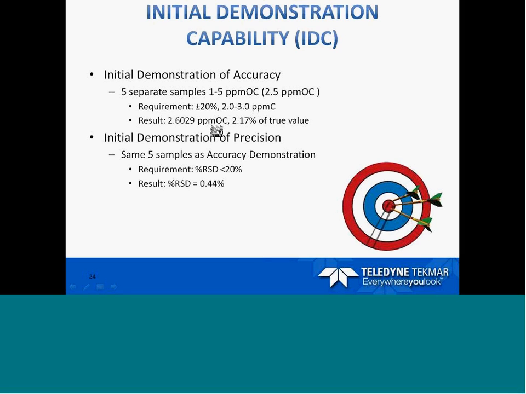Our result was 2.6, which gives us an RSD within 2.17% of the true value. For the demonstration of precision, you take the same 5 samples that you ran for your accuracy at 2.5 ppm, and percent RSD must be less than 20%, and ours was 0.44.